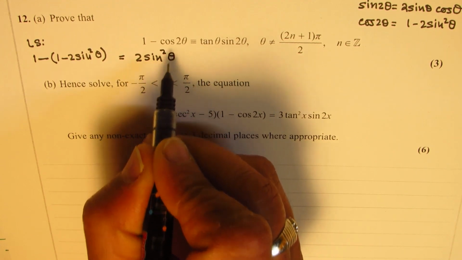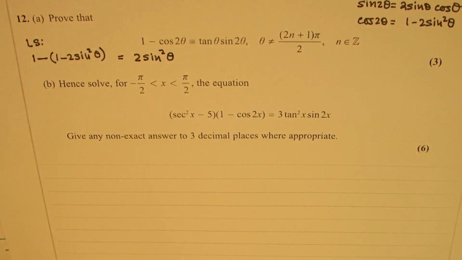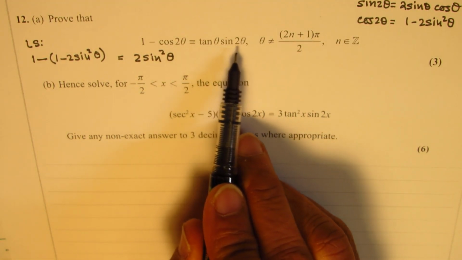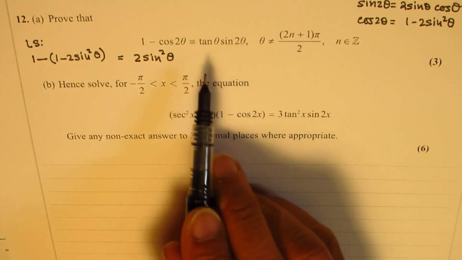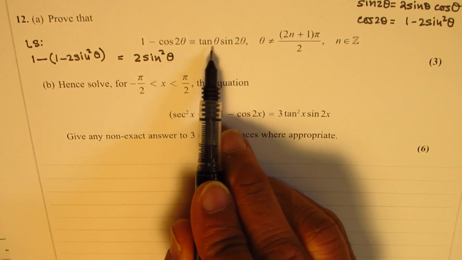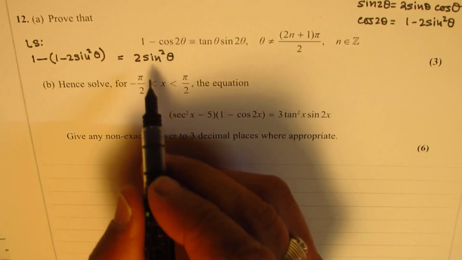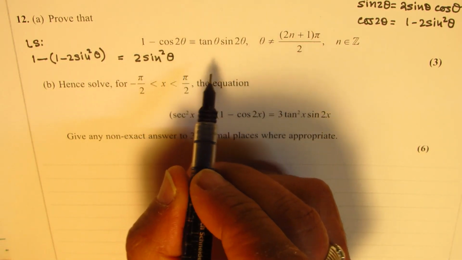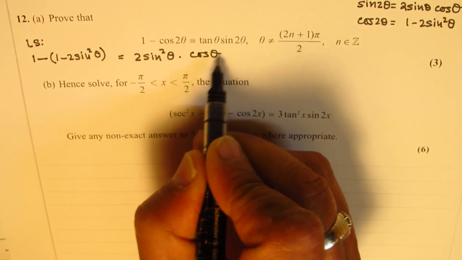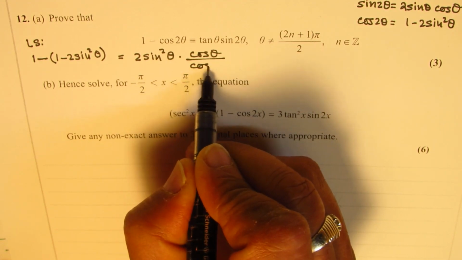sine square theta. Clear? Now, what we really need is tan theta sine 2 theta, right? To get tan theta, we need to have cos theta in the denominator. So what I can do here is we can multiply this by cos theta and also divide by cos theta, correct?